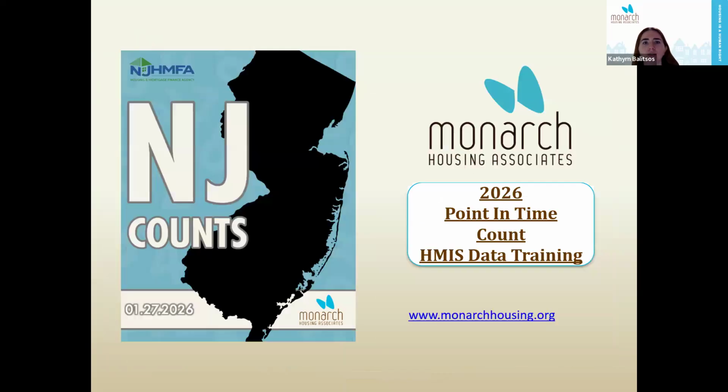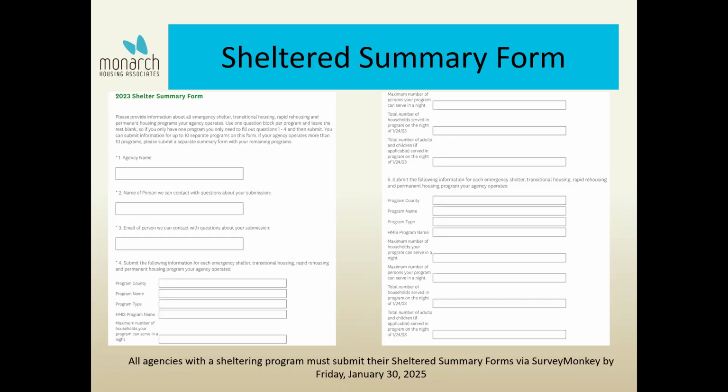Dawn, I see your hand raised. I had put the question in the chat as well: if we fill out that shelter summary form with our rapid and permanent clients, do we have to do a separate survey with each of those individuals as well, or is that all covered in the form?